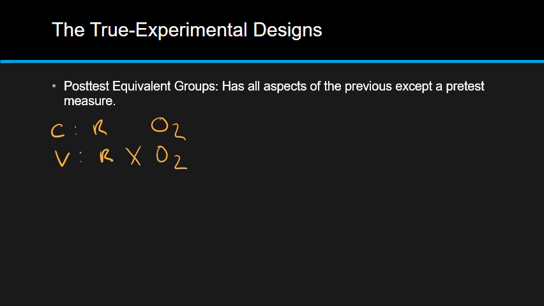So there's no pre-test, there's no O1 in this, okay? So that would be a post-test equivalent groups design, okay? And so it's almost like the one-shot case study, except it's randomized. And, you know, we just ask people, how do you feel about this treatment? Oh, it feels pretty good.